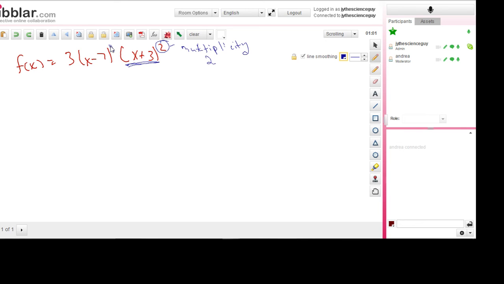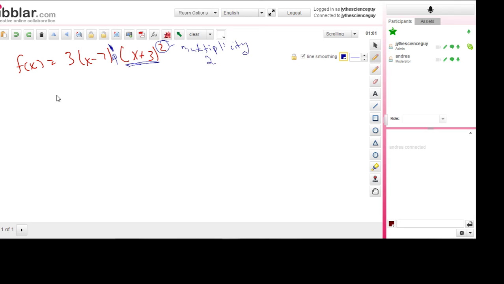This one doesn't have any multiplicity because it's 1. You see that, right? Multiplicity of 2. Excuse me, sneezing. Okay. This one doesn't have a multiplicity because it's 1. I mean, because it's not being doubled or anything.